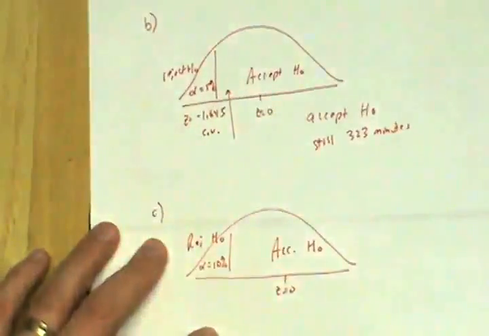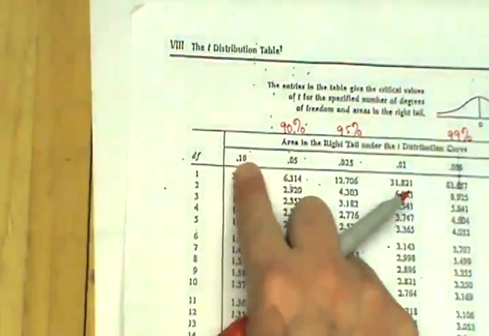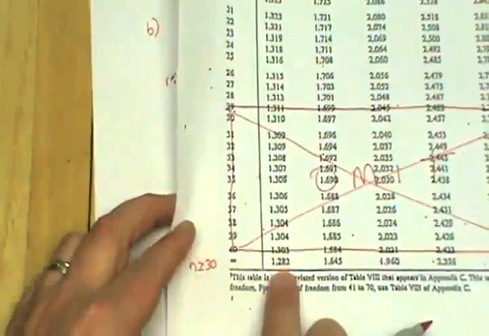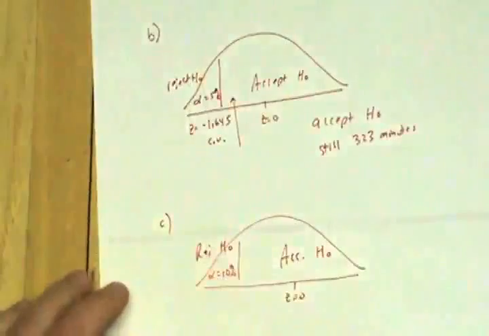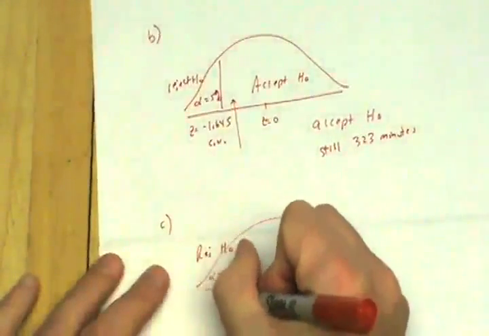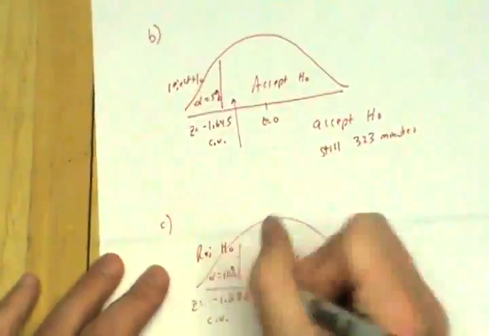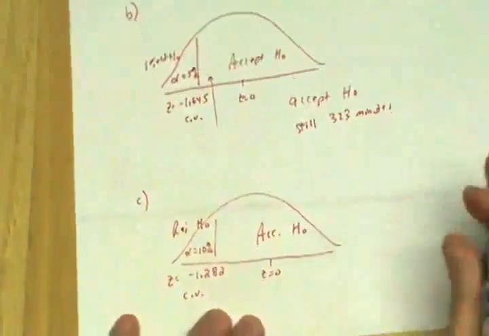In our t-chart, 0.10. Okay, sample size was 30 or more, so 1.282. Make it negative because it's on the left. That's our critical value. And so for this case, we had a test statistic of 1.62.